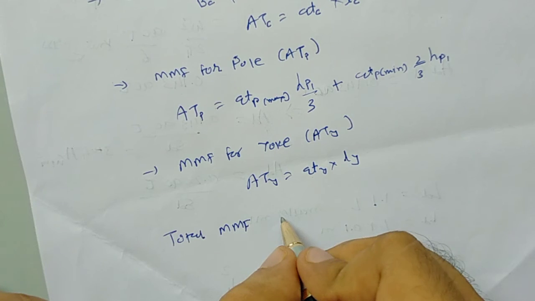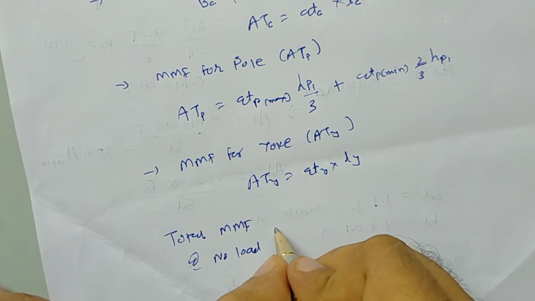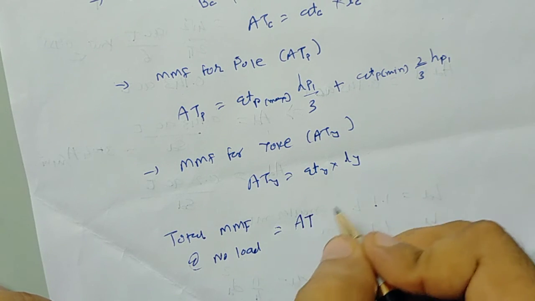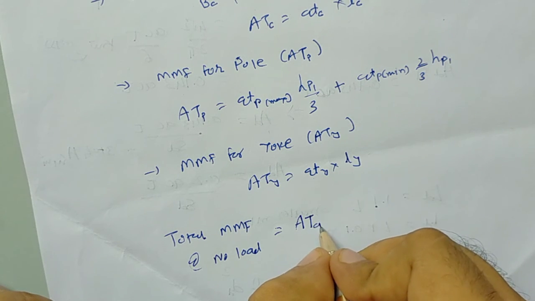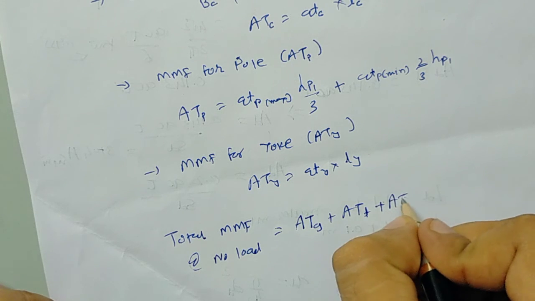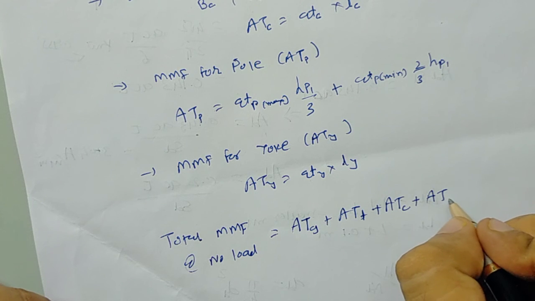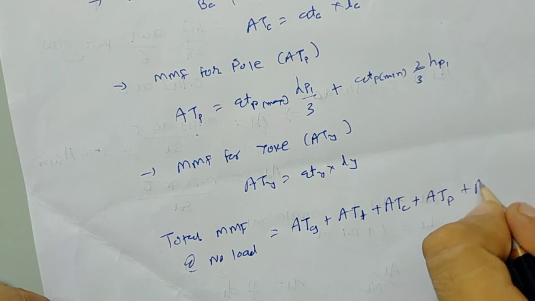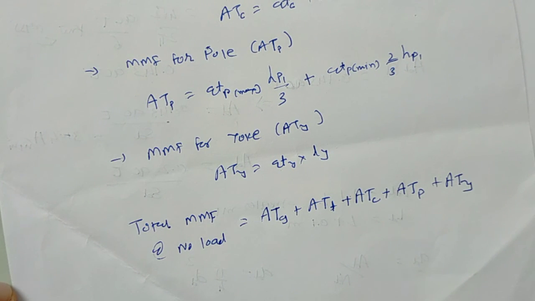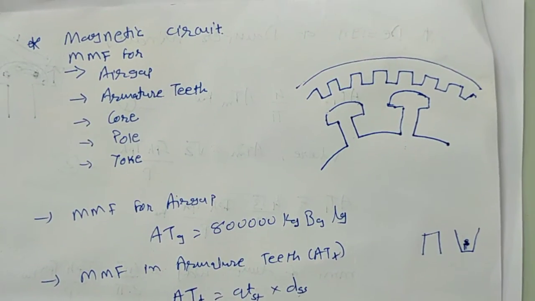So the total MMF at no load is ampere turn of air gap plus ampere turn of the tooth plus ampere turn of the core plus ampere turn of the pole plus ampere turn of the yoke. So this is the final equation for the total MMF of the magnetic circuit of a synchronous machine at no load.